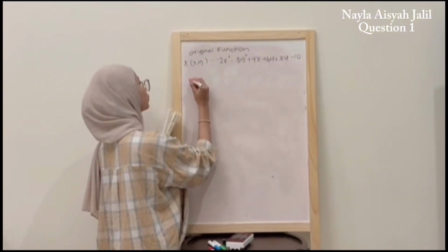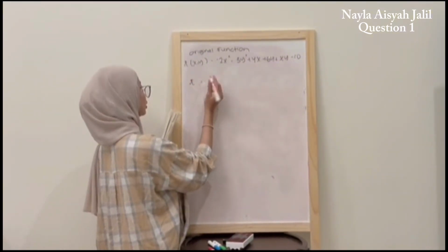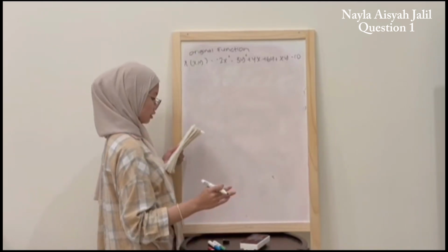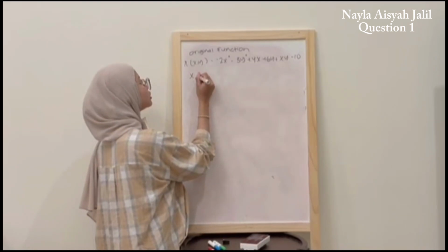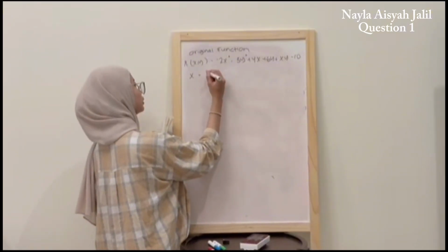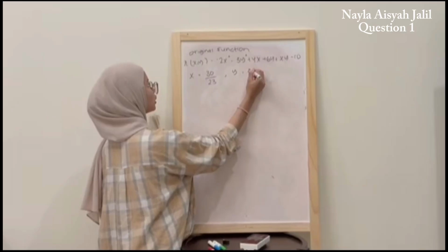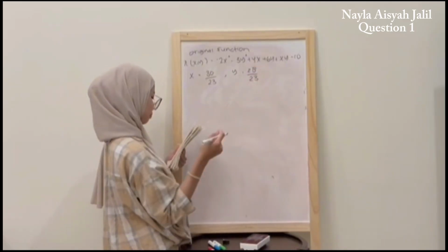So x is 30 divided by 23, and then y is 28 divided by 23.